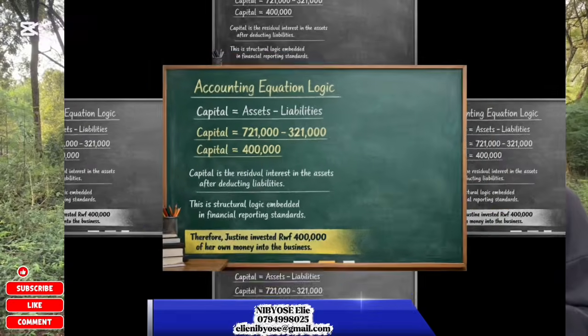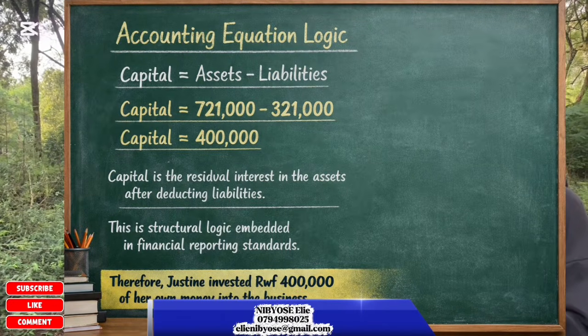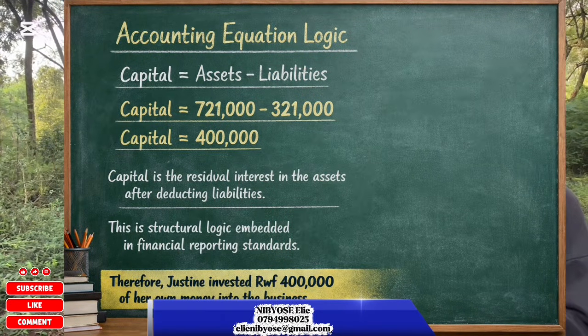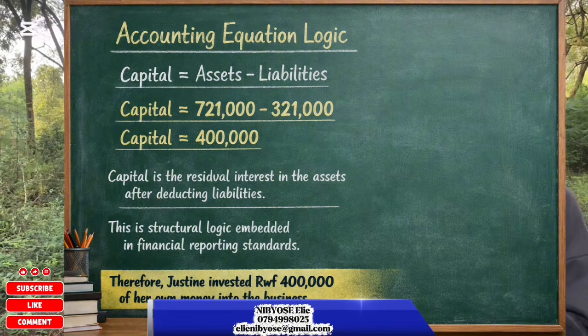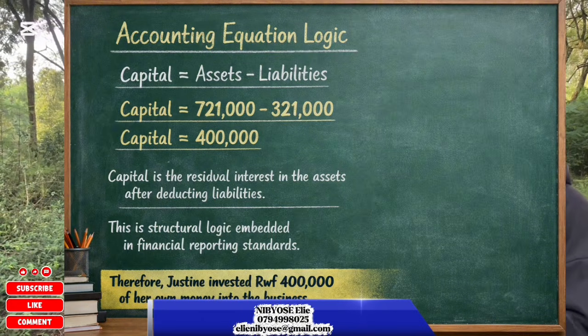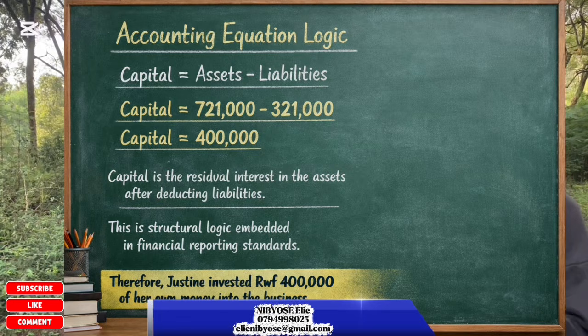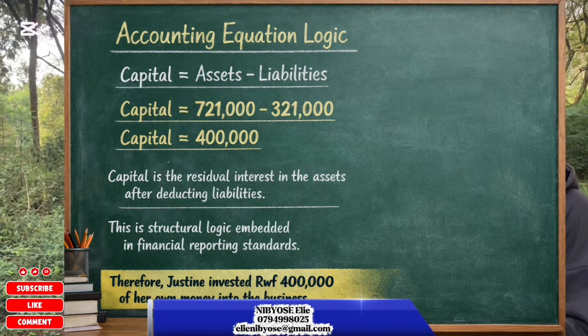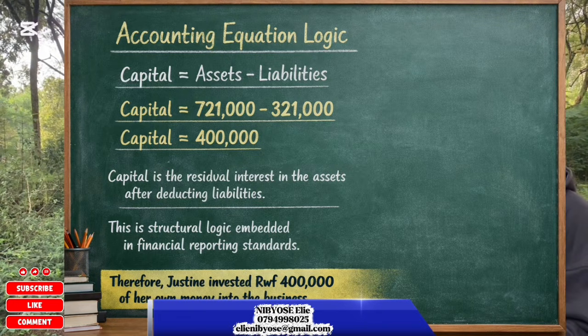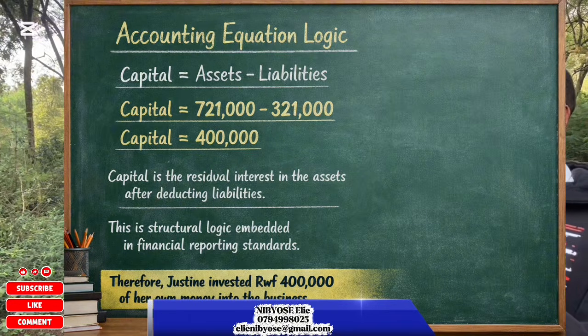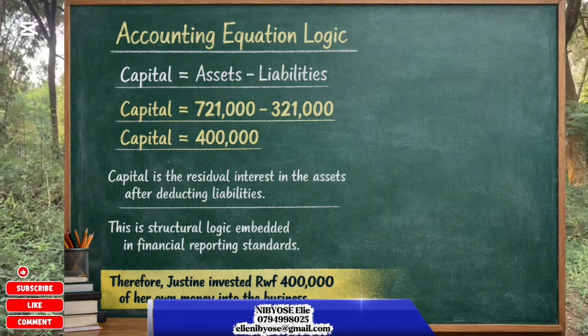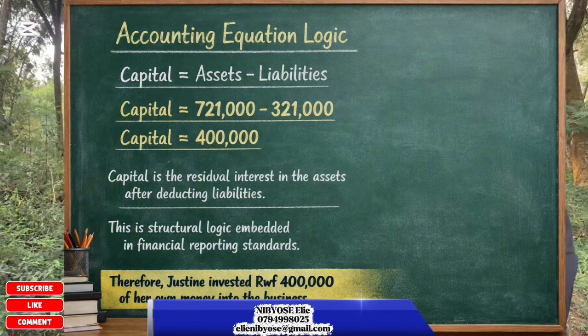So we must take 721,000 minus 321,000, and we get that capital equals 400,000. Therefore, Justin invested 400,000 of her own money into the business.